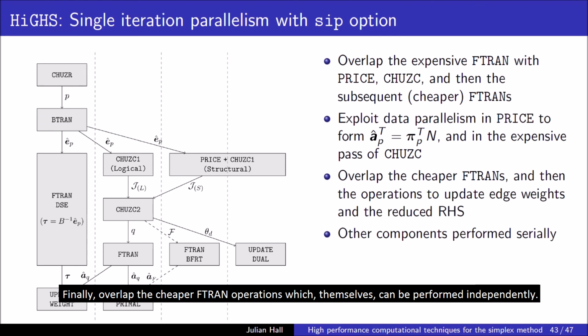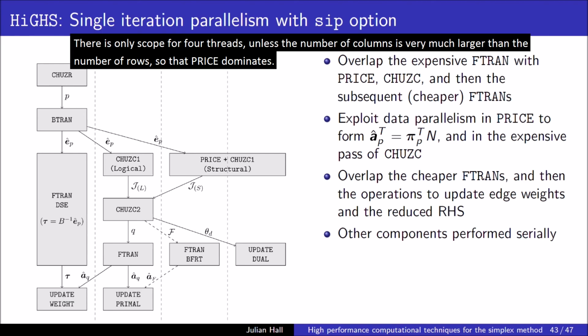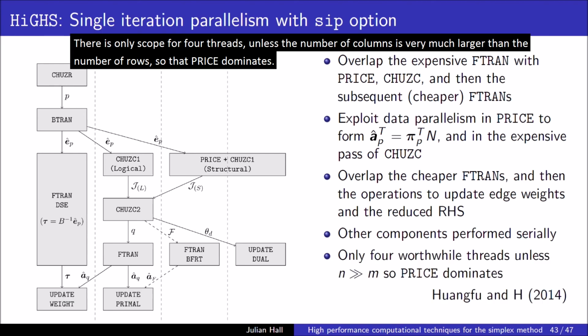Finally, overlap the cheaper ftran operations, which themselves can be performed independently. There is only scope for 4 threads, unless the number of columns is very much larger than the number of rows, so that price dominates.